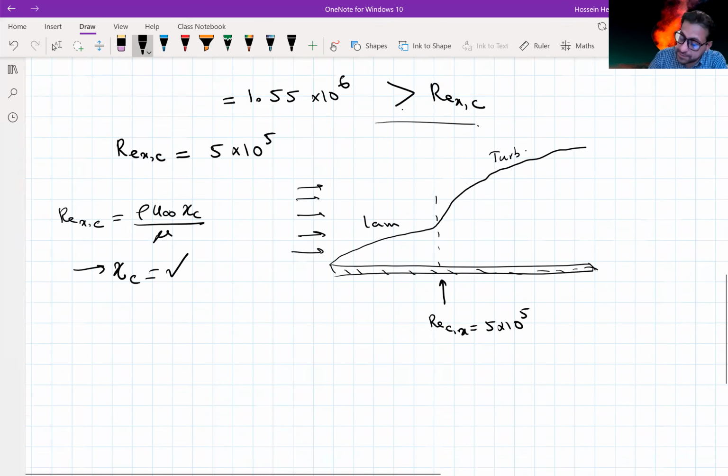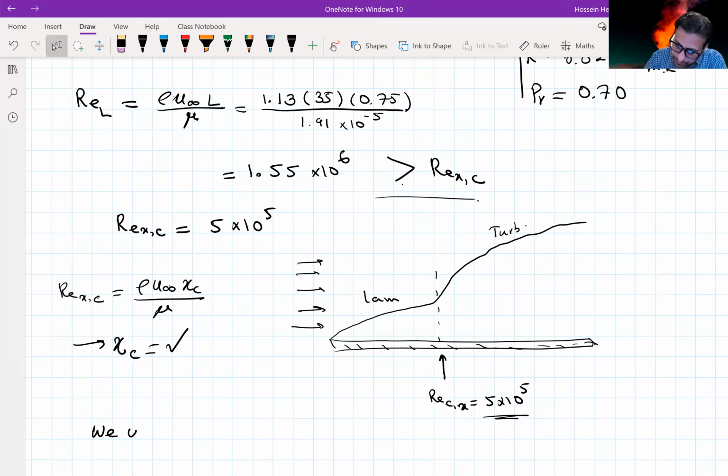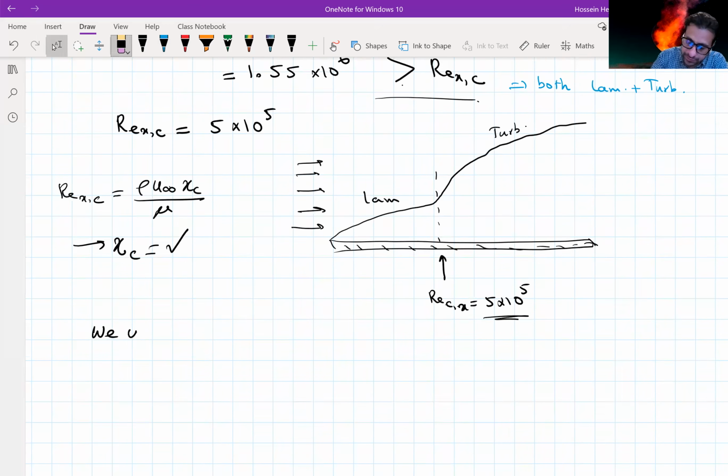And since we have a mix of both of them, and we are using this critical one, we should use the combined equation. So let me just put a little note here. We have both laminar plus turbulent here, or the mixed kind of convection that happens around this place.